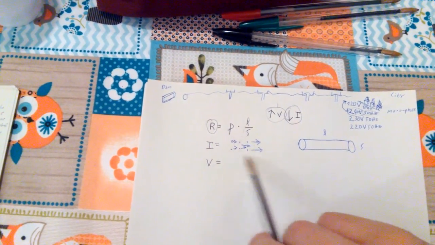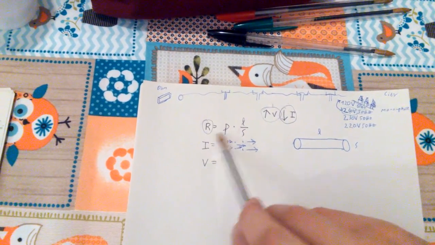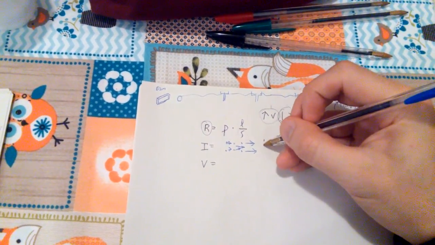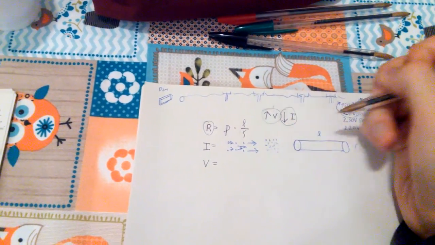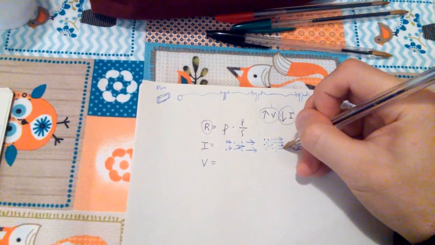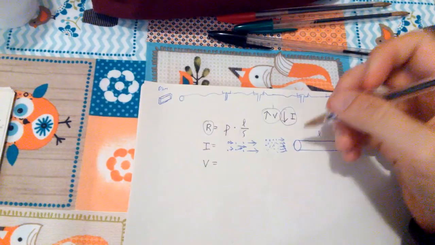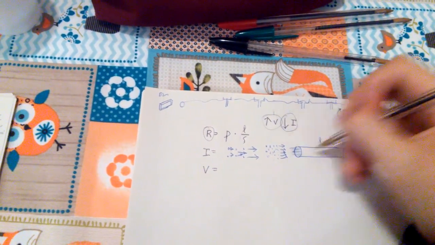Well, what does it mean? Do you want a high current and a low voltage? So a high current will be many charges all going together, but very, very slow. So do you want them all slowly getting through this wire?